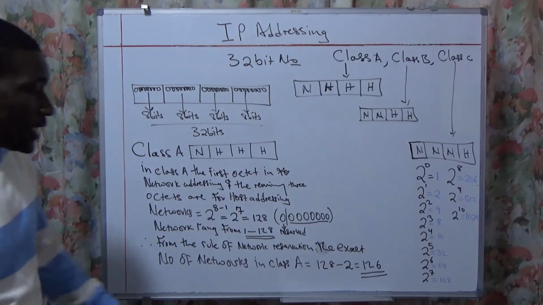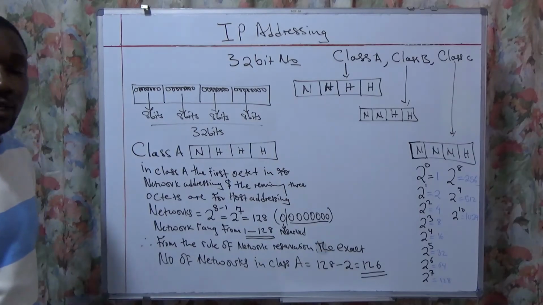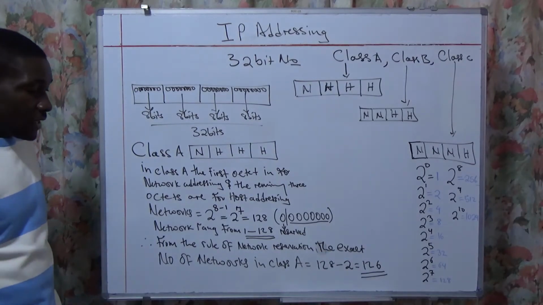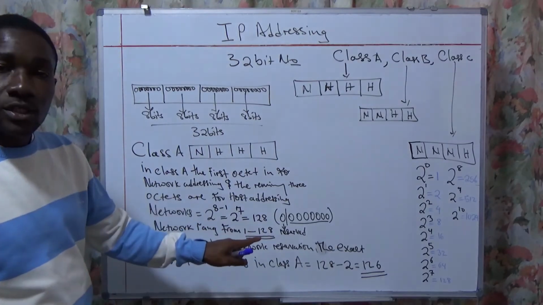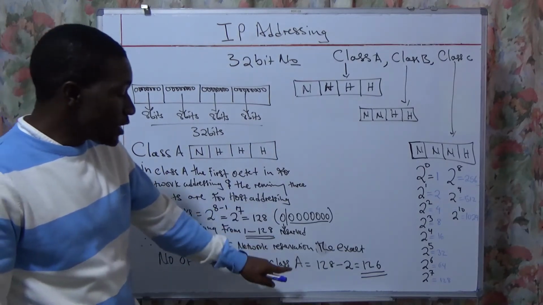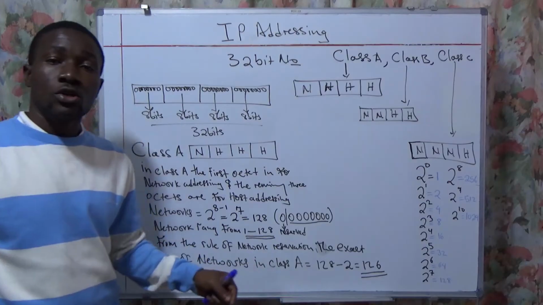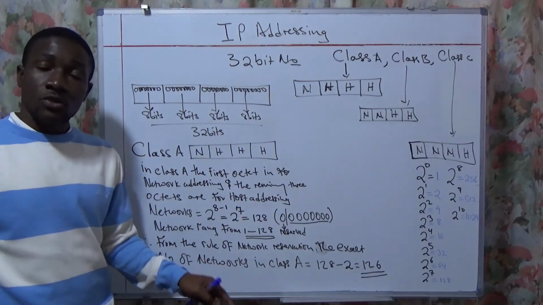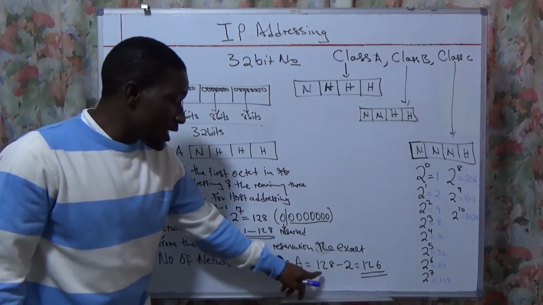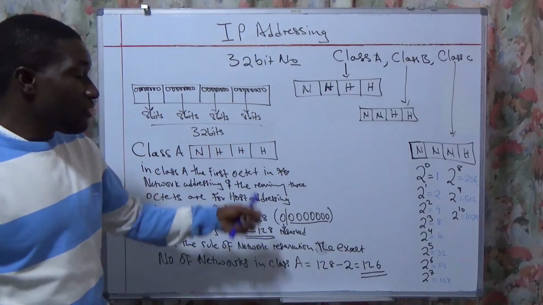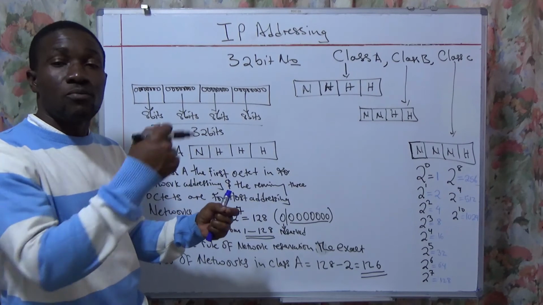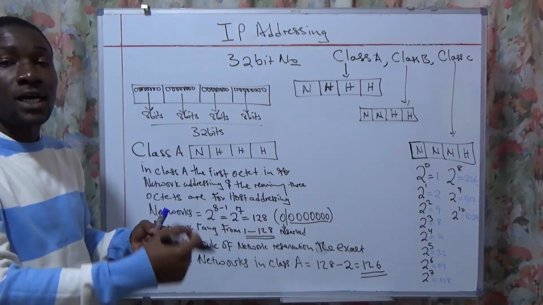Alright? This is the exact number of networks. Why? The first network is not used and the last one is also not used. What is it used for? The last network is used to start a new network, that is class B, and the first network is used for broadcasting or testing the network.